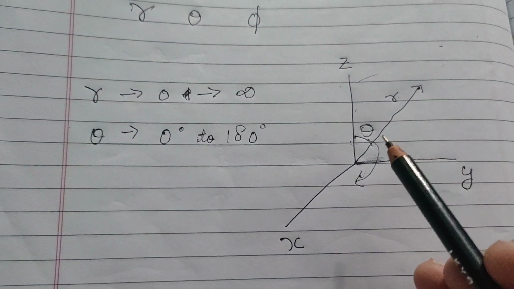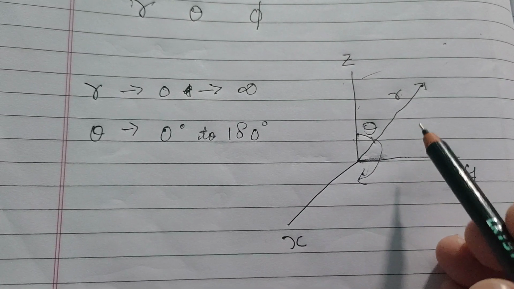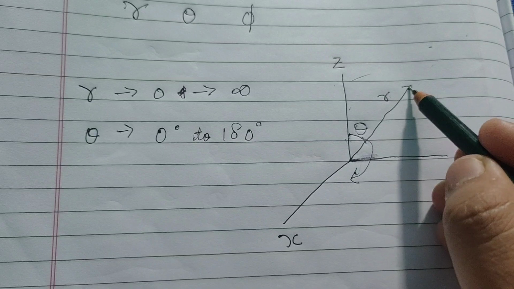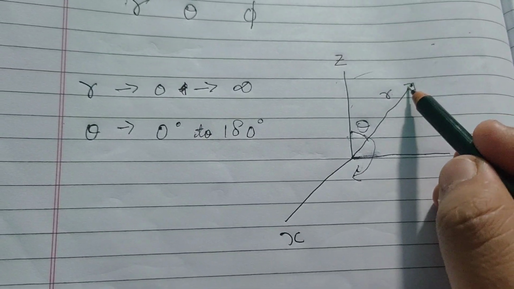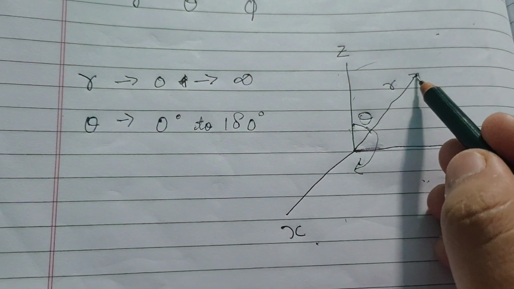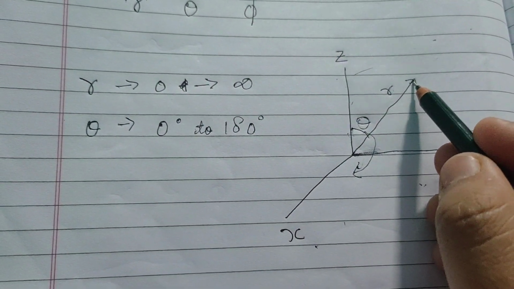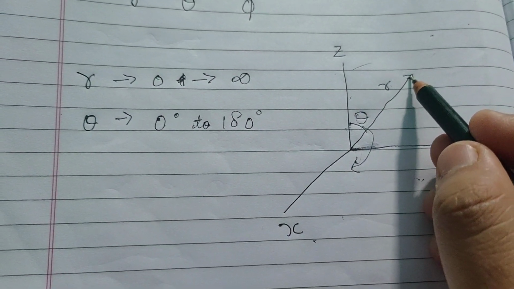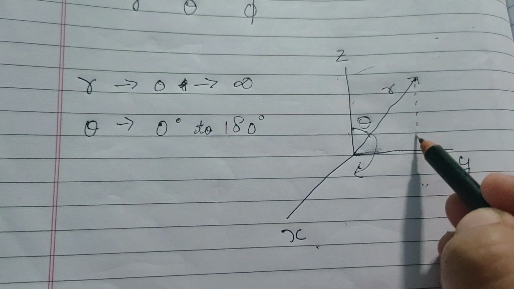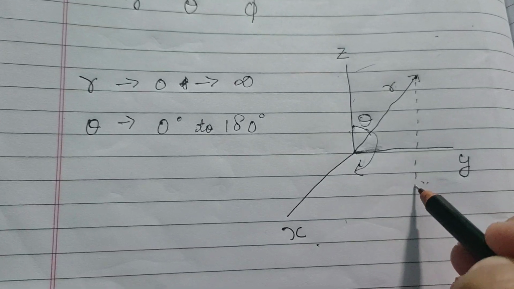Okay, and what is the phi coordinate? If we take the projection of the r coordinate in the xy plane, the projection of the point is like this.